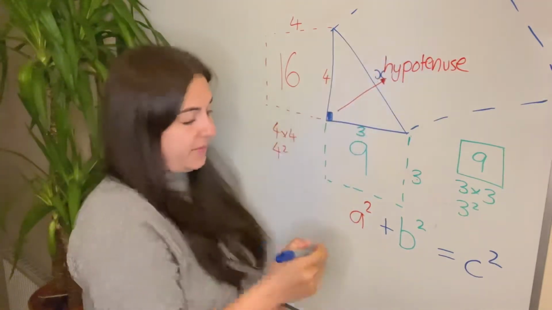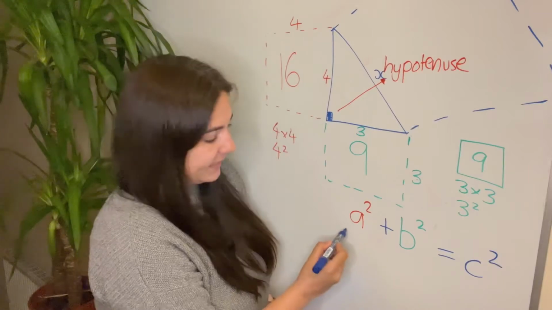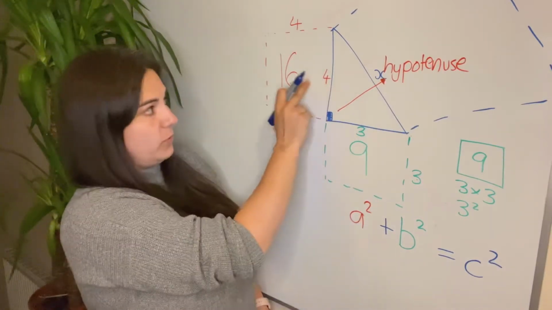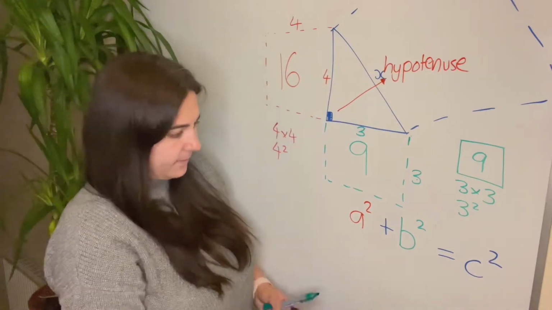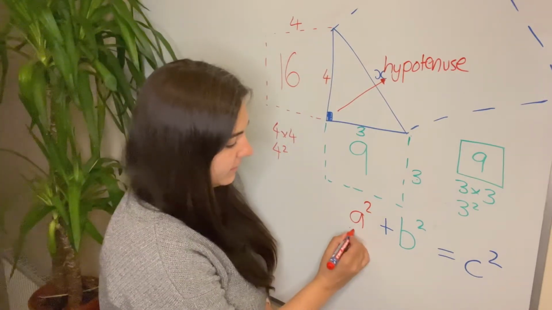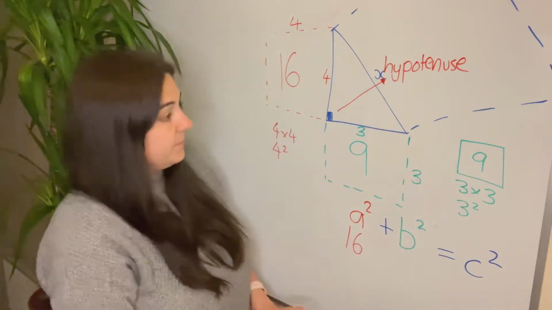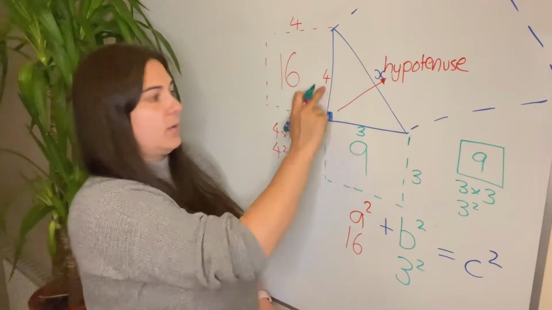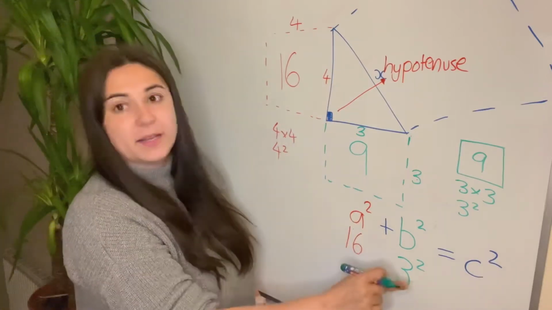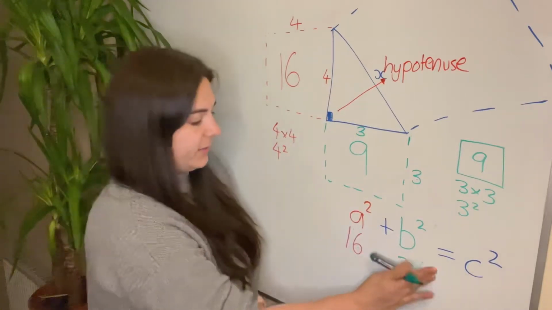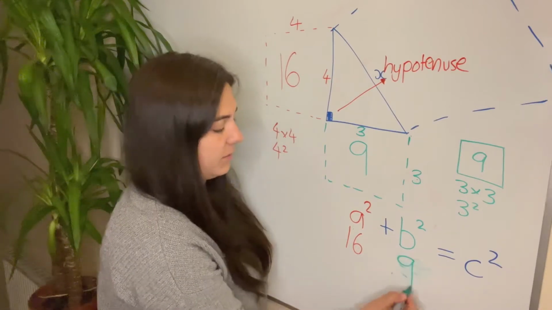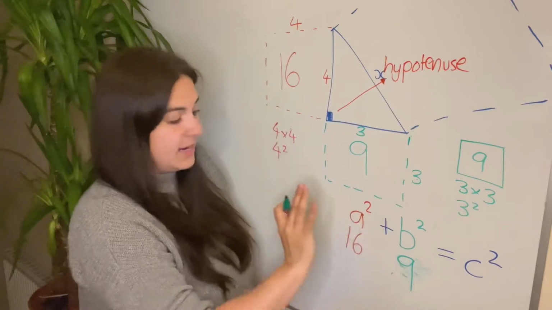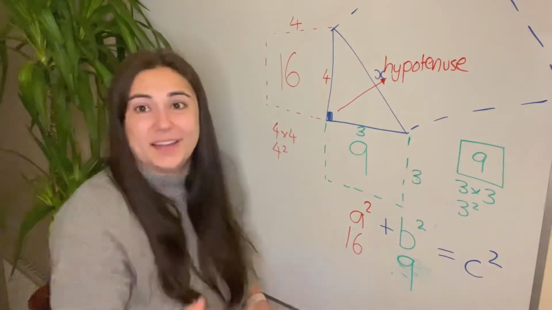Now, what Pythagoras' theorem says is that a squared, so the side length a, 4 squared, which is 16, plus b squared, b is 3, 3 squared is 9. It doesn't matter whether you write your a as a 4 or as a 3, because they're both being added, so you're going to get the same answer anyway.